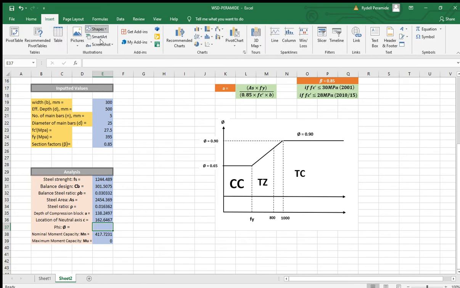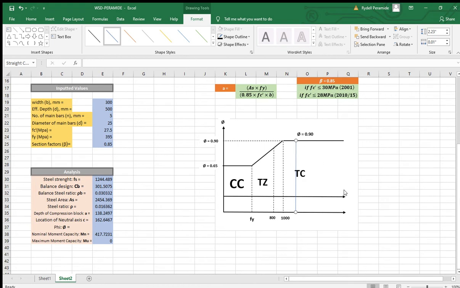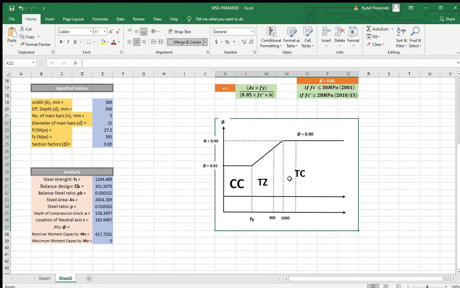Now, the phi, we will plot it. Since 800, 1000, and we have the answer of fs of 1244.489, we will assume that our fs is here, just like that. Since it is in the tension control, we will use 0.90 as phi.